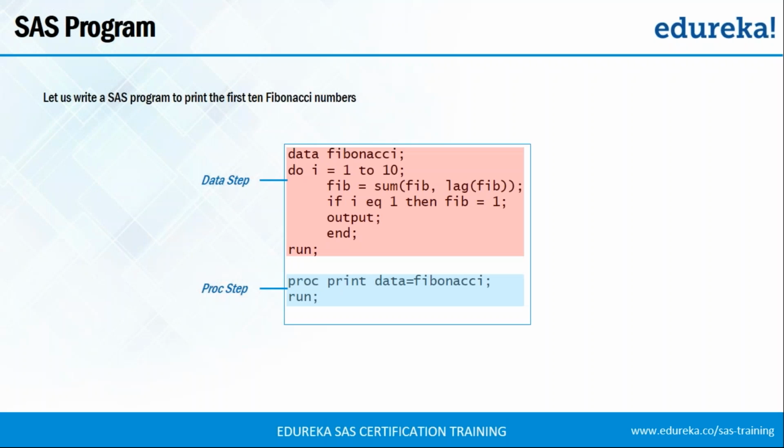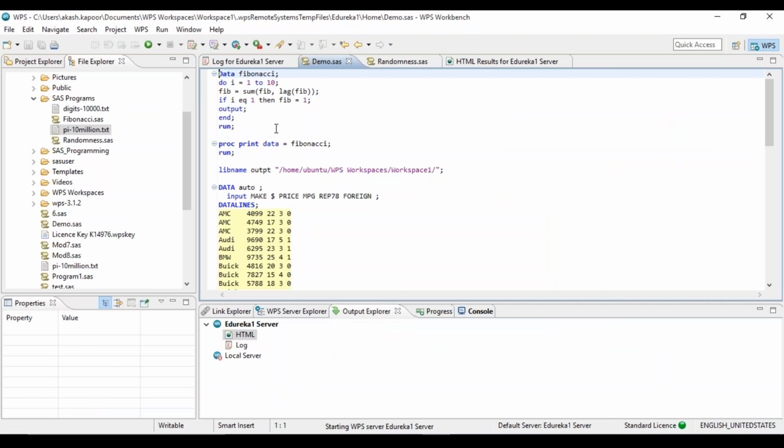Programming concepts in SAS. Let's have a look at some programming concepts in SAS. Let's write a program to print the first 10 Fibonacci numbers. For a Fibonacci series, I have here. What we are doing is 10 iterations. I am going from 1 to 10. We are going to execute the loop in this.